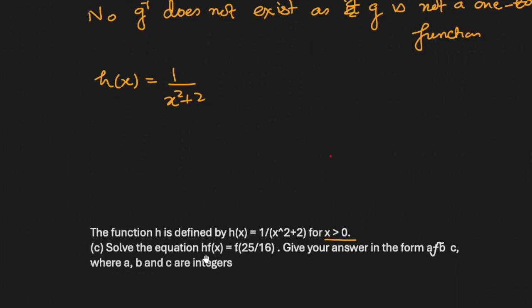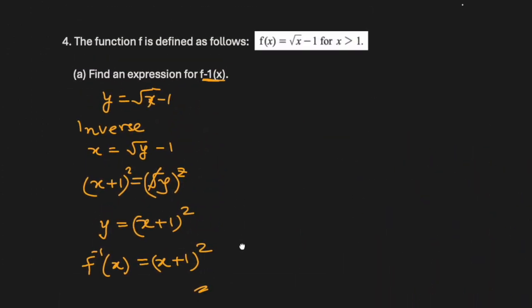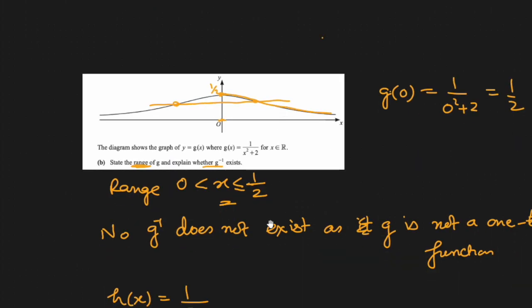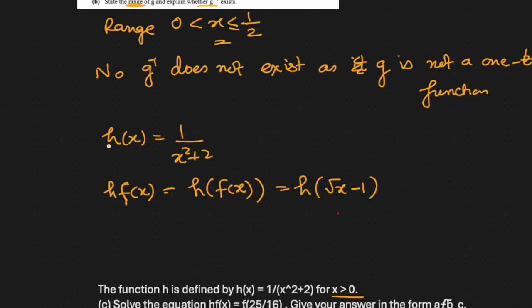Okay, solve the equation h of f(x). So what was f(x)? f(x) was square root x minus 1. So h of f(x) will be the same as h of square root x minus 1, right? So in this h(x), we'll substitute each x, which is the only this x, by this.